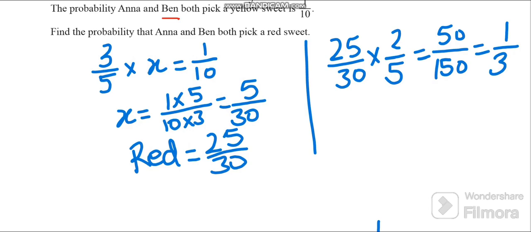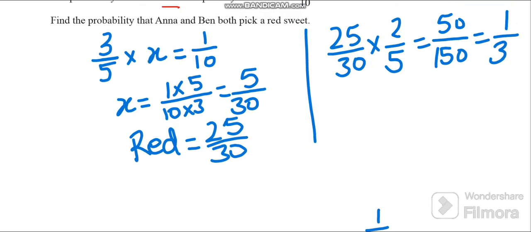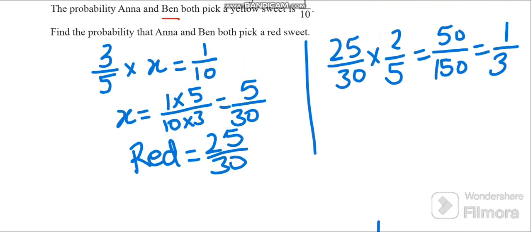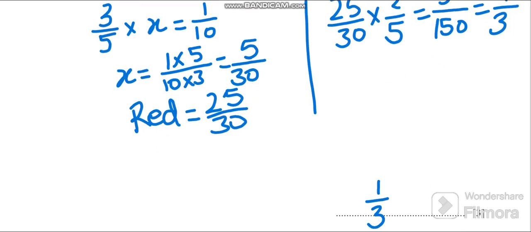So the answer will be 25 times 2 is 50 divided by 30 times 5 is 150. When we simplify this, the answer will be 1 over 3. So the probability that Anna and Ben both pick a red sweet is 1 over 3, which will be the final answer for question 23.